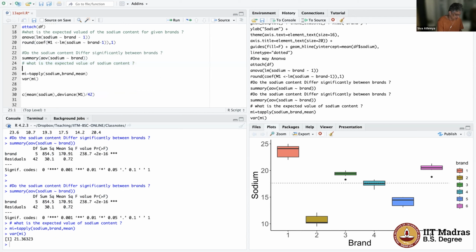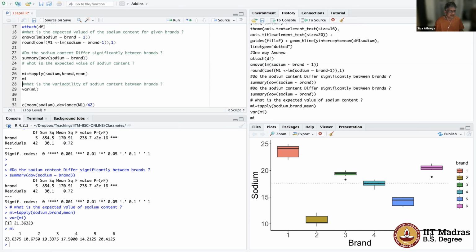And the second question is: what is the variability of sodium content between those? So we put the mean here, so you can see it as well.